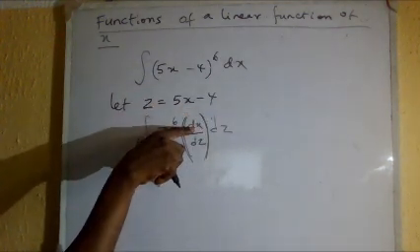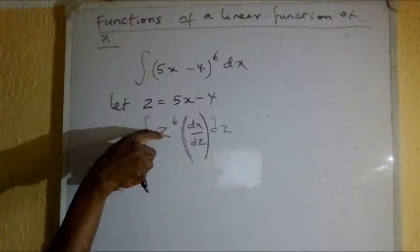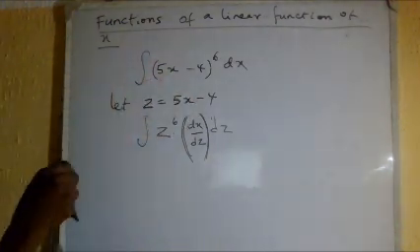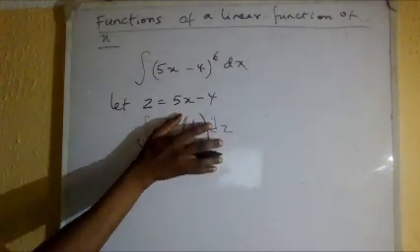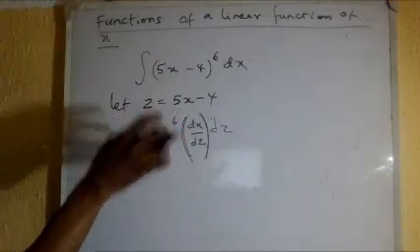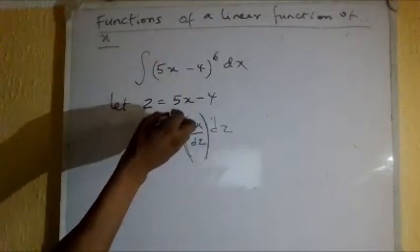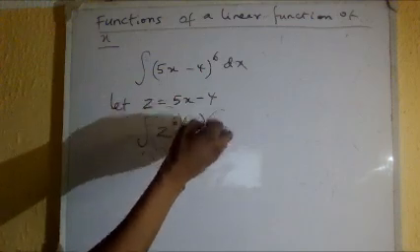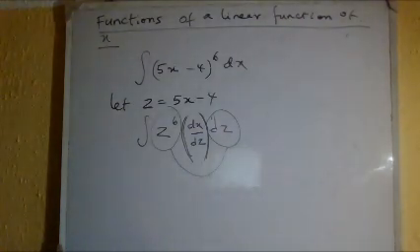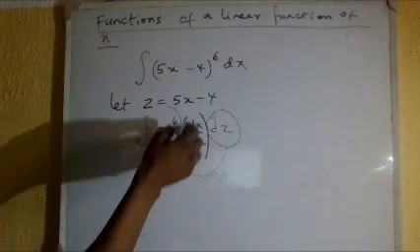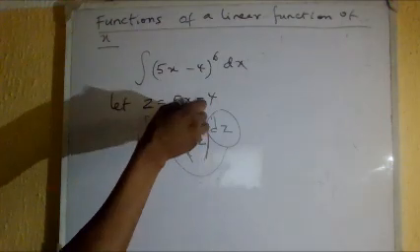And this function is still defined as this. What I have done is this one is the same thing as this. Just that I am doing this one like this, so that I can have what I can work on. I can work on these two based on my standard integral. And when I've done that, I can now still introduce my dx, sorry.